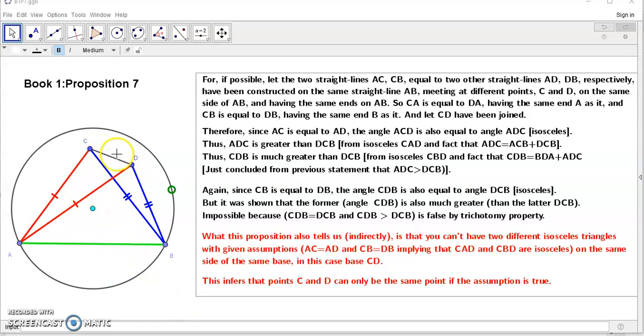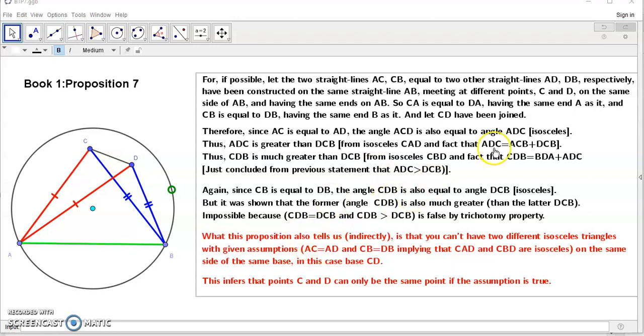If you don't look at it this way, then you miss this fact. So you have to consider that CD is the base of these red and blue isosceles triangles. They're not actually isosceles, but you have to assume that because that's what you're given. So this infers that both the points C and D must be the same point if the assumption is to be true. Okay, so that's really all that is being said.